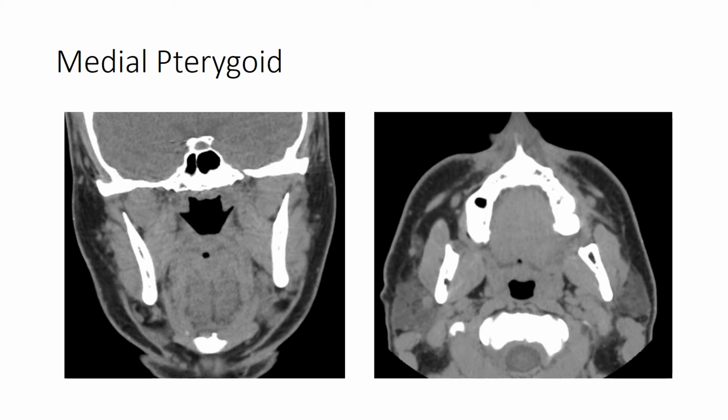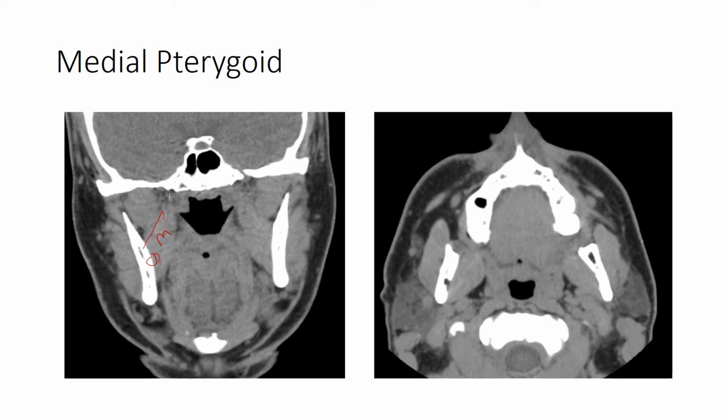This slide demonstrates the medial pterygoid muscle on coronal and axial CT images. So here in the coronal plane you have the medial pterygoid muscle inserting on the lingual side of the mandible near the angle right here, and it heads superiorly, and you can't see it on this slide, but it's heading towards the medial aspect of the lateral pterygoid plate.